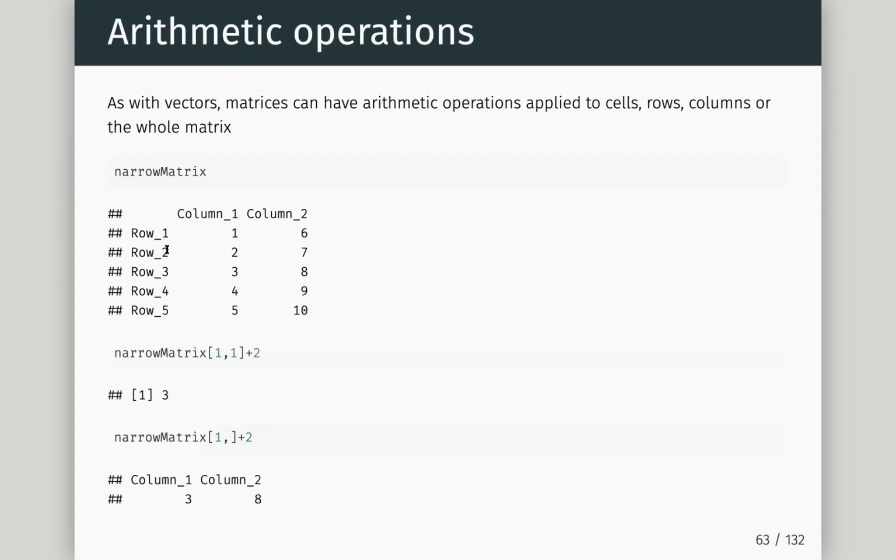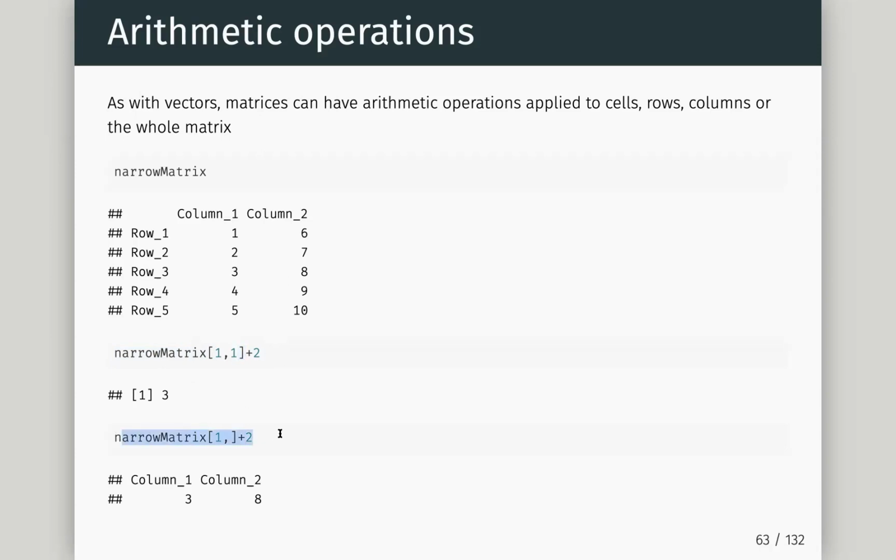As with vectors, matrices can have arithmetic operations applied to the cells, rows, columns, or the whole matrix. And I'm not talking about matrix operations here. I'm just talking about how we can apply a number, we could times the whole matrix by a value, we can log the whole matrix in one go. So here, if I wanted to just add 2 to my first row, first column, I can just do +2.